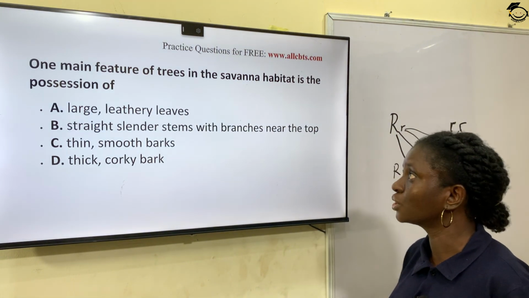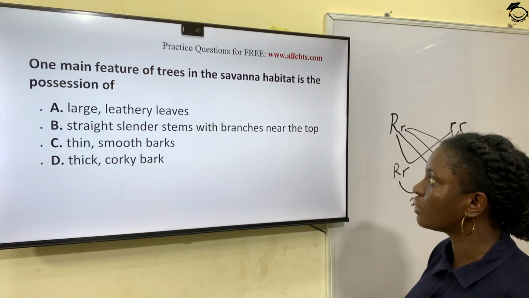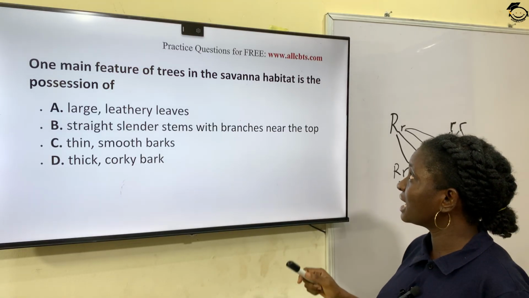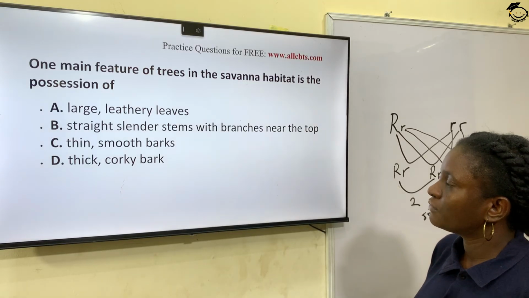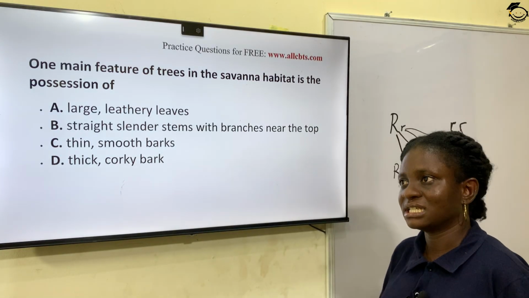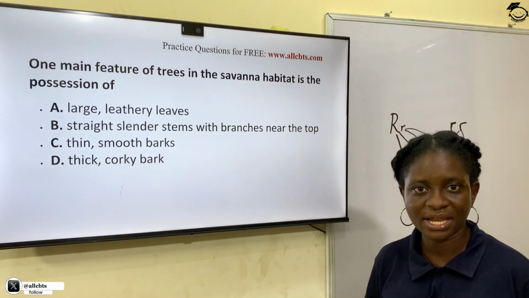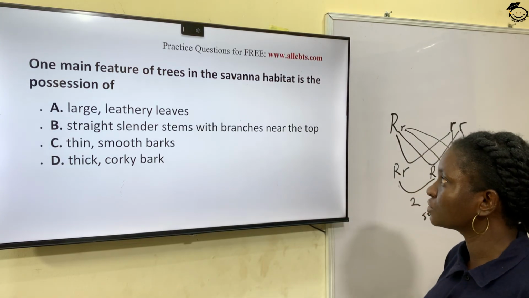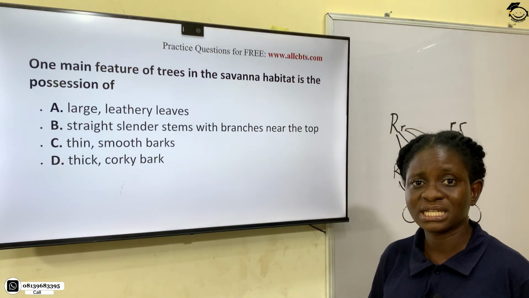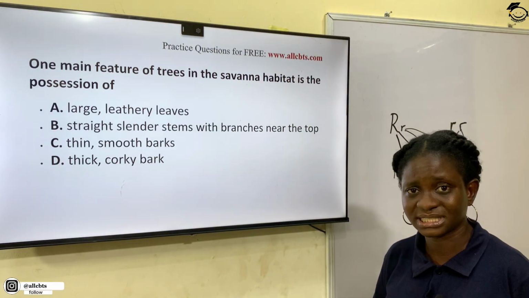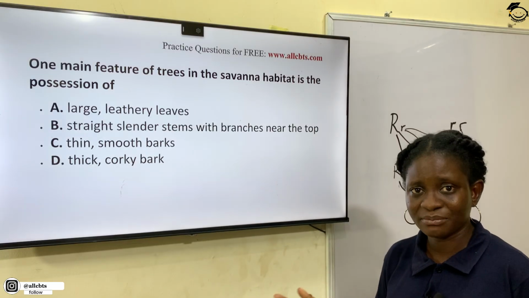Next question. One main feature of trees in the savanna habitat is the possession of, for savanna habitats, that's in dry areas, in hot areas. So what are the main features of trees then? And there's also likelihood of burning of bushes there. They are hot, dry places.